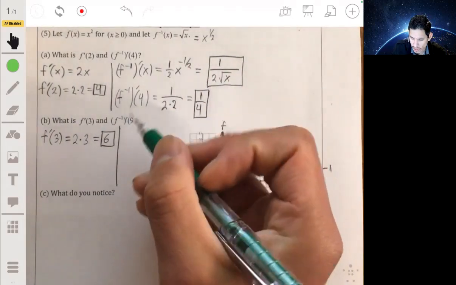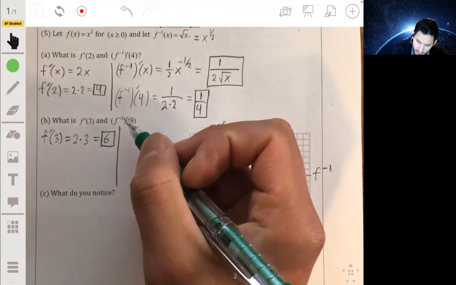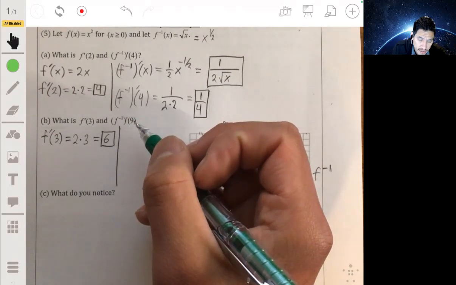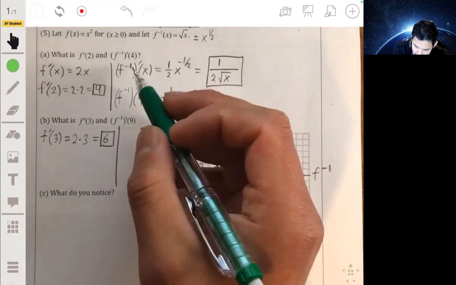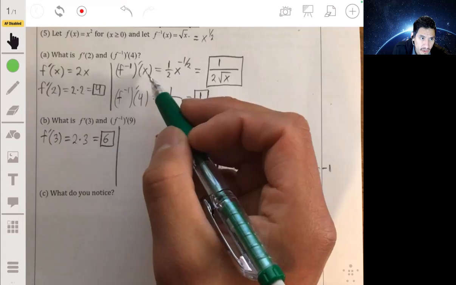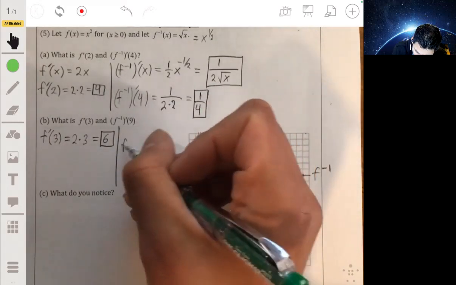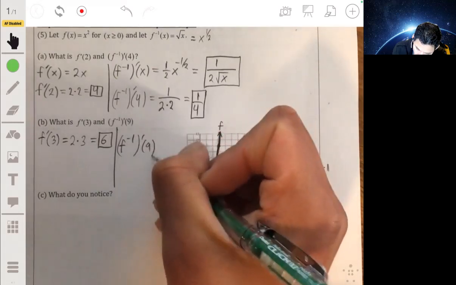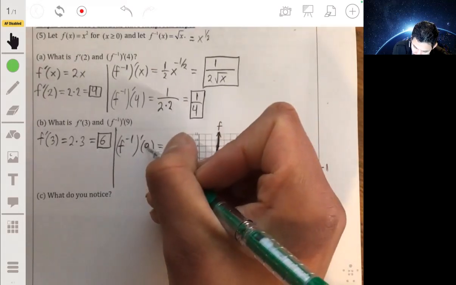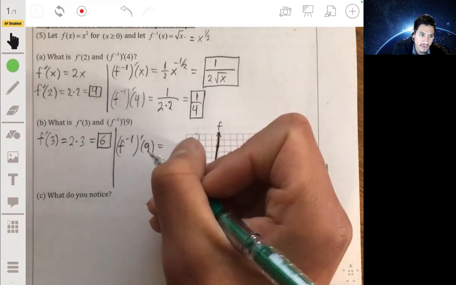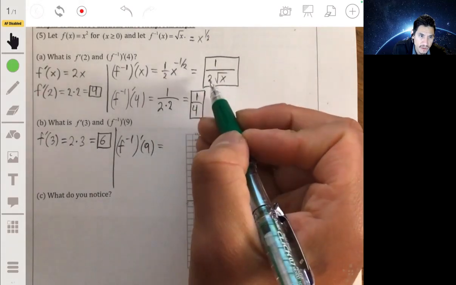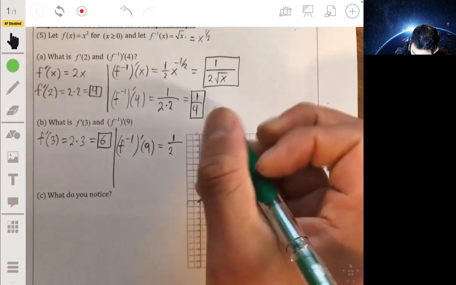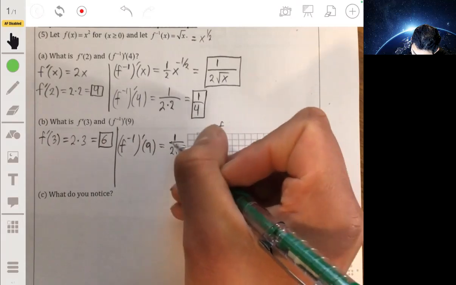Okay. Now, what would the derivative of the inverse be at 9? Let's plug 9 into this equation. The derivative of f inverse at 9 will be 1 over 2 times the square root of 9.